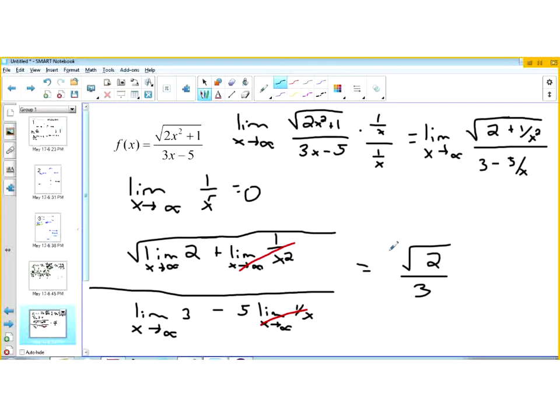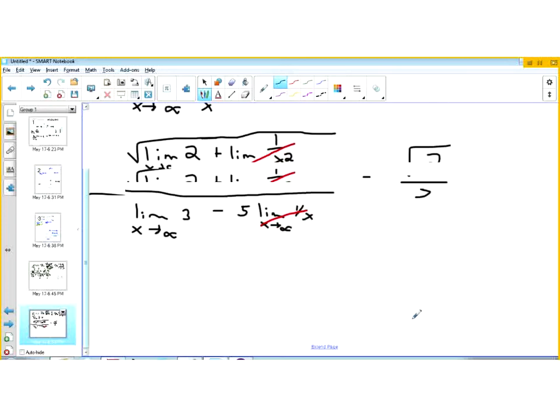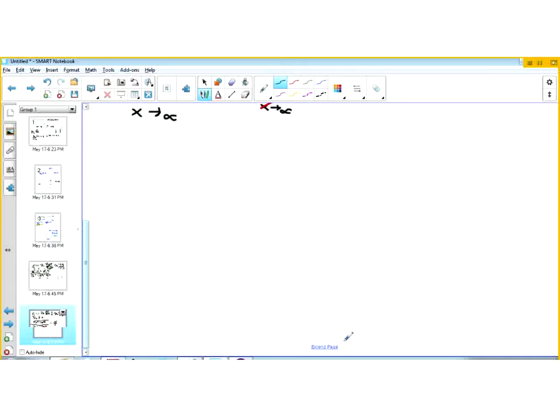Okay, so how about we evaluate the limit as x approaches minus infinity? Yeah, so negative numbers are definitely in the domain of this function. So what do we do?